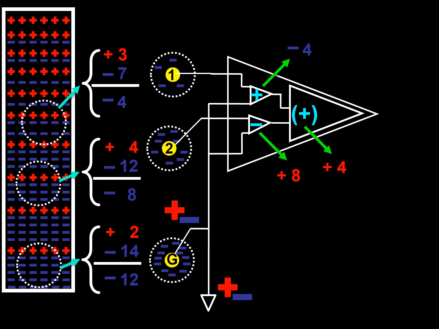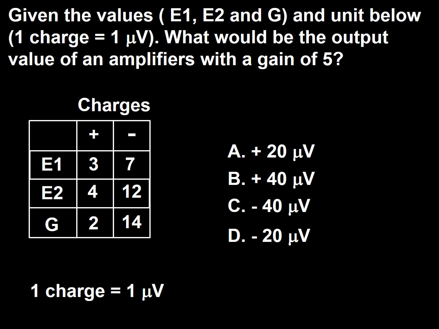This will leave us with a value of positive 4. Since the gain of the amplifier was set to be 5 times, this will lead to an output of positive 20. Since, as you can recall, we gave each charge the value of 1 microvolt, the answer to this question is A, 20 microvolts.